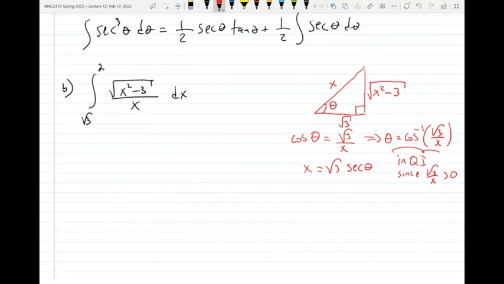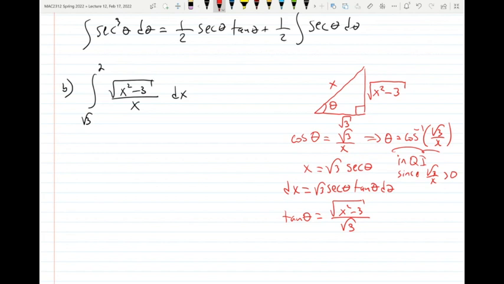Okay, so now we move along. That means that dx is going to be square root of 3 secant tangent d theta. We also need a substitution for the square root. So I'm gonna use tangent, right? So tangent of theta equals square root of x squared minus 3 over square root of 3.